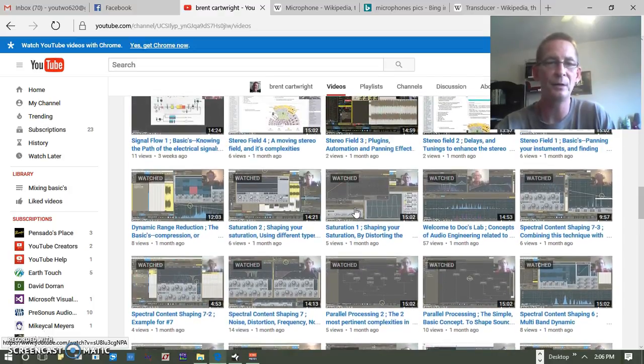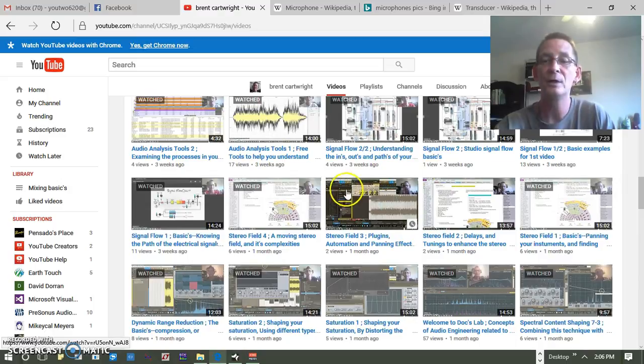There are two on saturation that will be very pertinent: saturation with distortion, saturation with noise, and dynamic range reduction, using those pieces of equipment for reduction or coloration. That can be very huge.